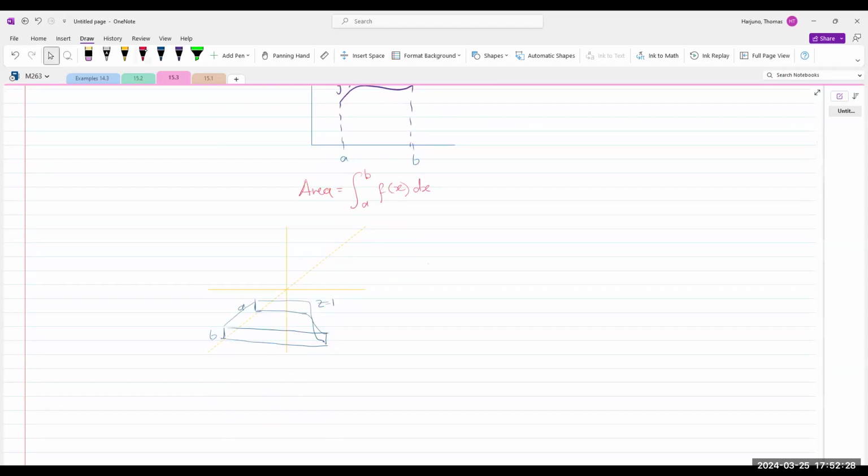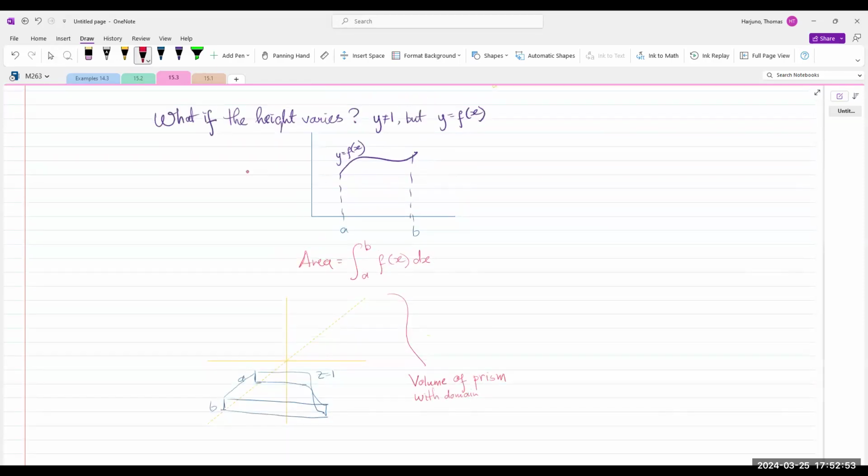So that area that we have is now the same as the volume of a prism with domain equal to the region R. No, don't use R, D. You see the base now is a D, domain D, and height 1.